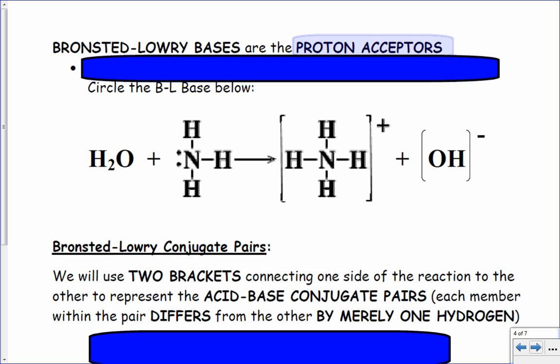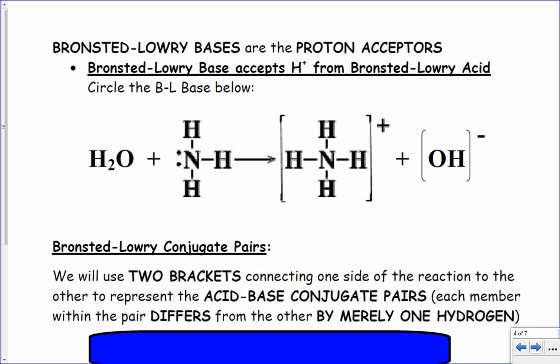The bases become the proton acceptors. So now the Bronsted-Lowry bases accept that H. And here's that ammonia. And this is how this works. So H2O becomes, when one of these H's leaves, it's going to go on to here. And that's that coordinate covalent bond. Let me redraw this because I want it to be right.